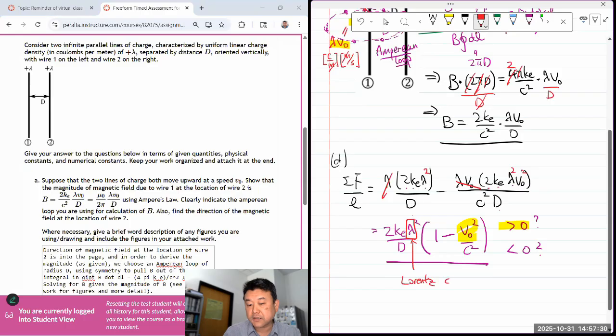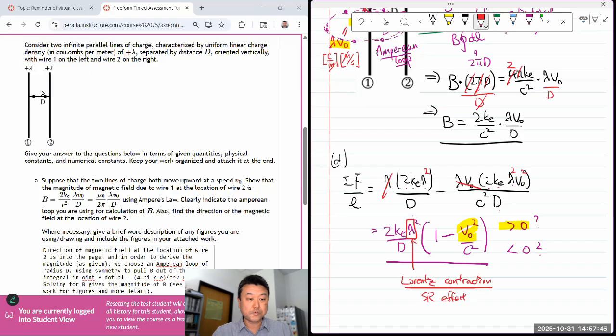It's a special relativistic effect that's going to come up in Physics 4C. Once you include those special relativistic effects, it turns out this dependence cancels out. So the net force between these two wires doesn't depend on whether they are moving or not.